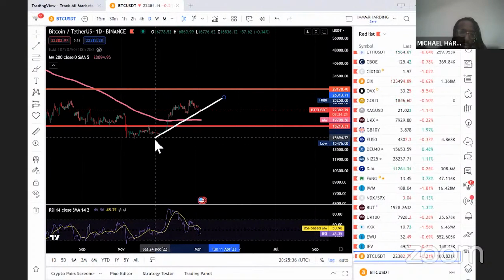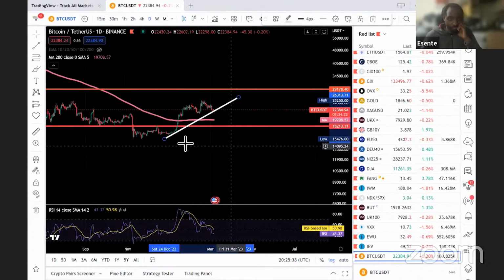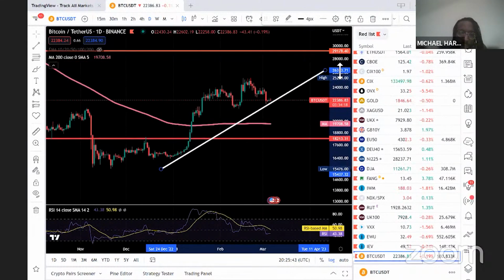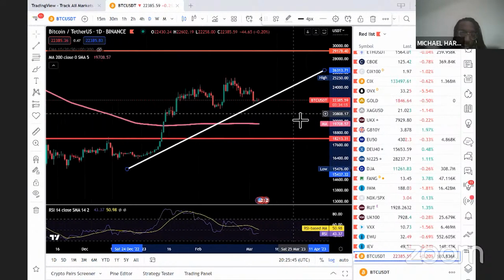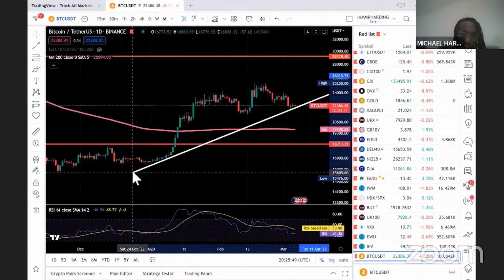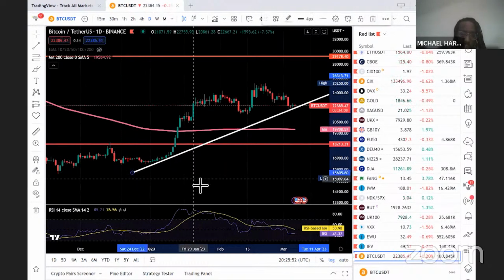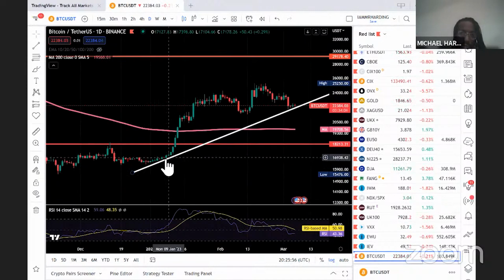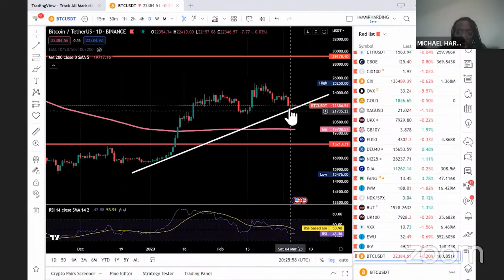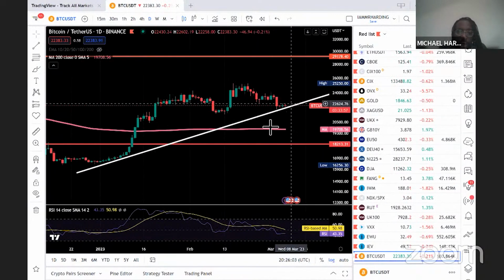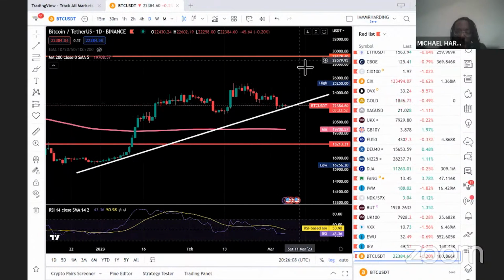And it's a super clear trend because look how many times the price is touching this white line. Do we see that? 1, 2, 3, 4, 5, 6, 7, 8, like that, and then again here. So what we would expect when you have a trend is the trend to continue and Bitcoin to move up from here.